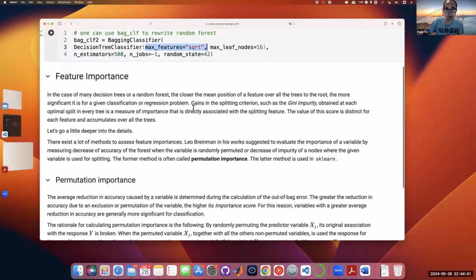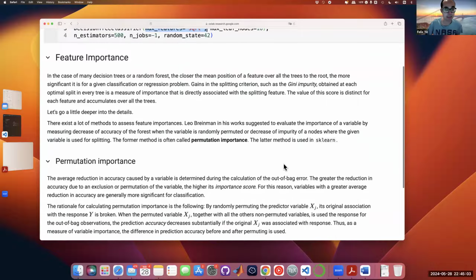Scikit-learn uses slightly different methods, and we're going to talk about this as well.